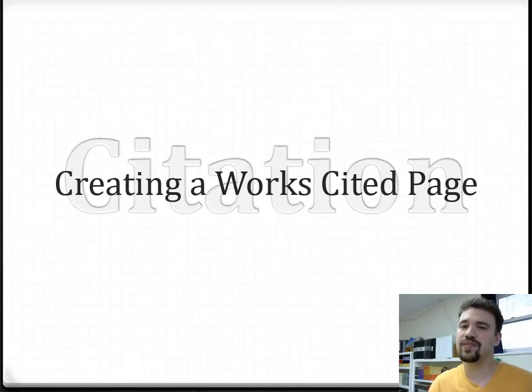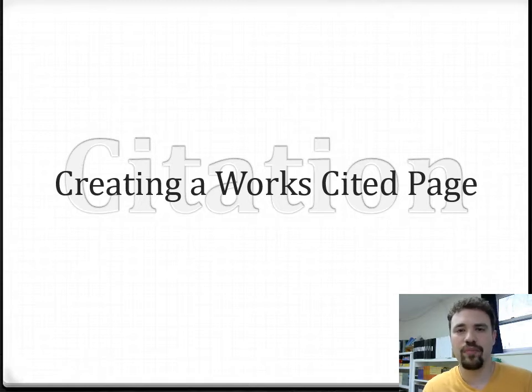So this would be the full citation. We'll talk in a little bit about the in-text citation, which is what you would put in your actual paper that would point to the full citation at the end. So in MLA, you will have a full works cited page at the end of your paper that will list all of the sources that you've used, and it will have all of the full citation information.